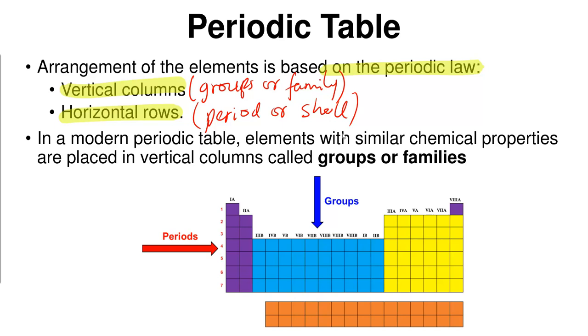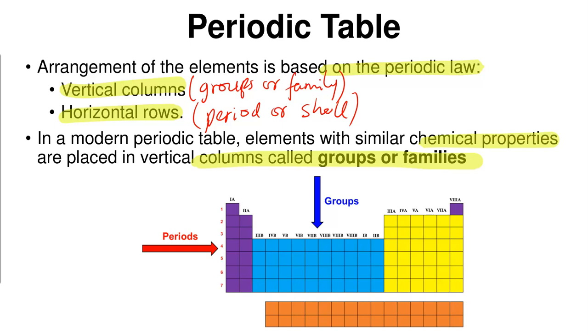So in the modern periodic table, elements that have similar chemical properties, not the same, but similar in the way they act, are placed in the vertical columns called the groups or the families. Let's look at this here.